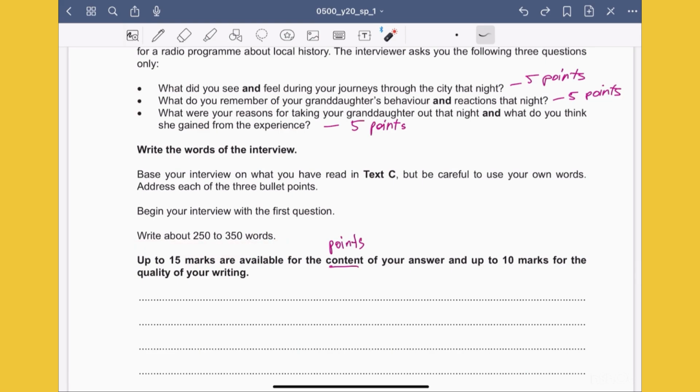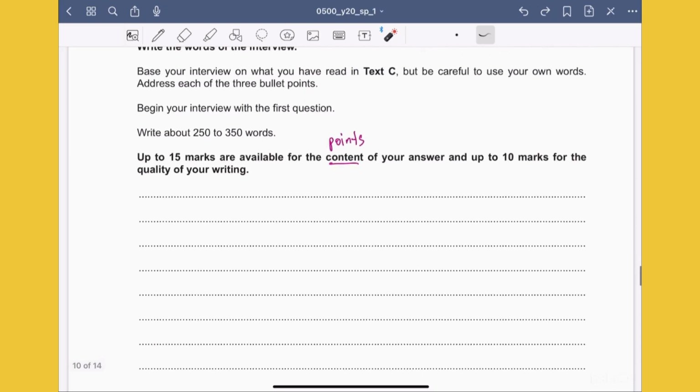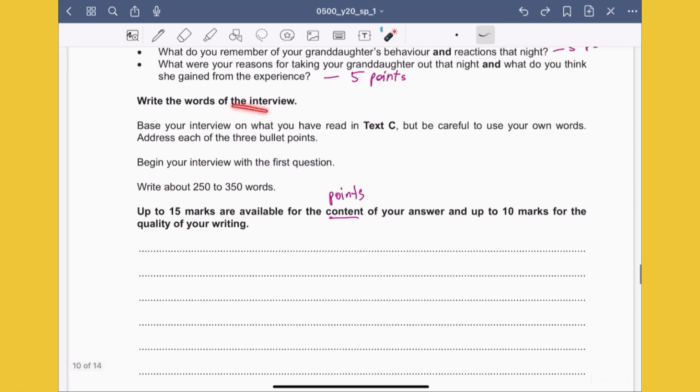And your writing over here is a maximum of 10 marks, which means you will be graded based on the vocabulary, your sentence structures, how sophisticated your vocabulary is, your punctuation, and especially the format. Like, are you following the format of an interview or not in your writing?